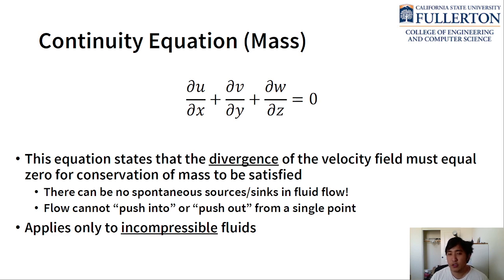When you have a flowing fluid, you can't spontaneously have mass show up out of nowhere from like a portal from the nether dimension or something like that, right? Visually, what this means is that you can't have flow that converges onto a point, or pushes out from a single point. It's a more complicated way to explain something you may already know, that you can't create or destroy mass, even in a flowing fluid, okay?